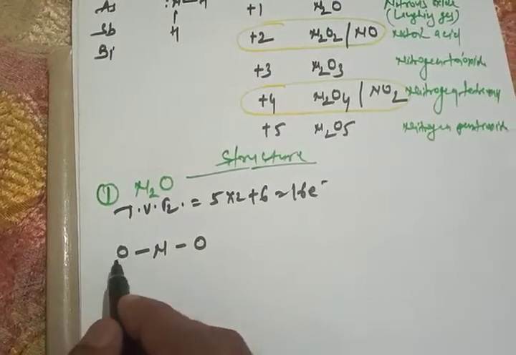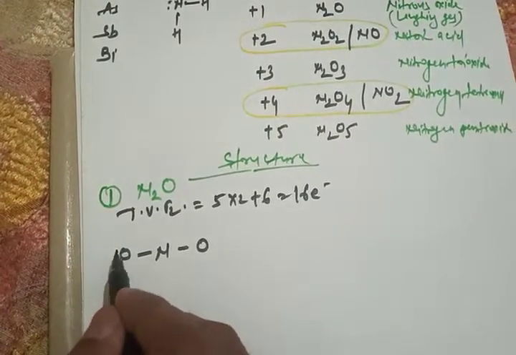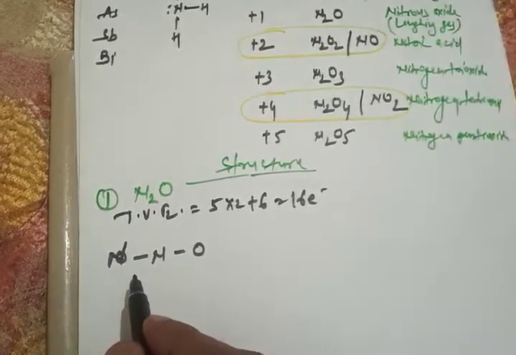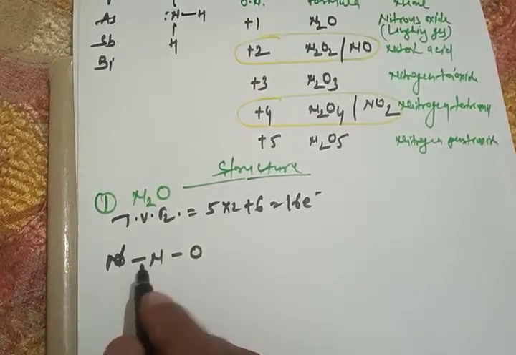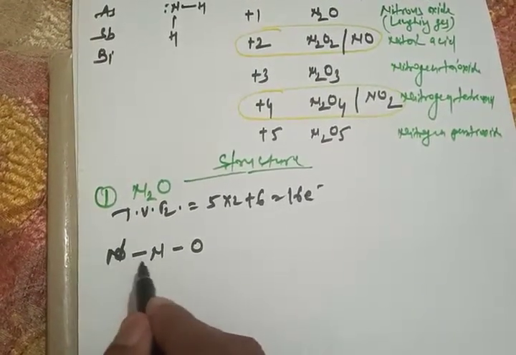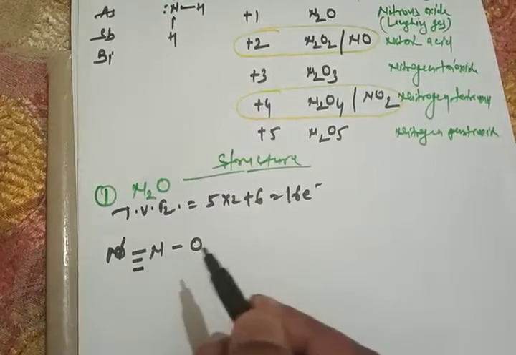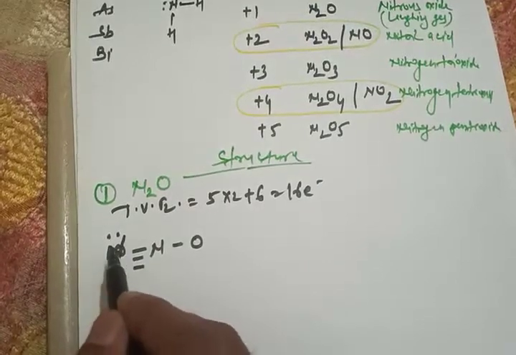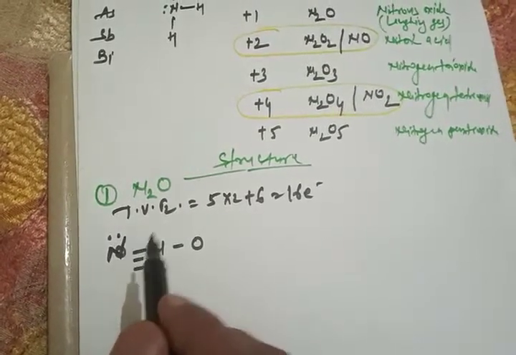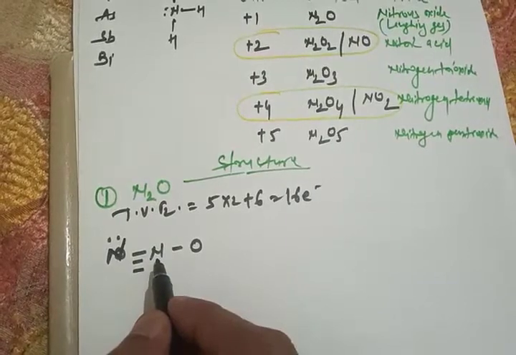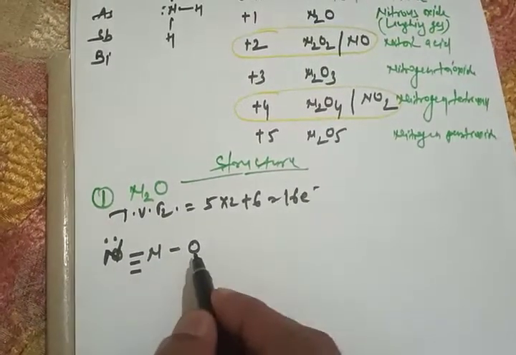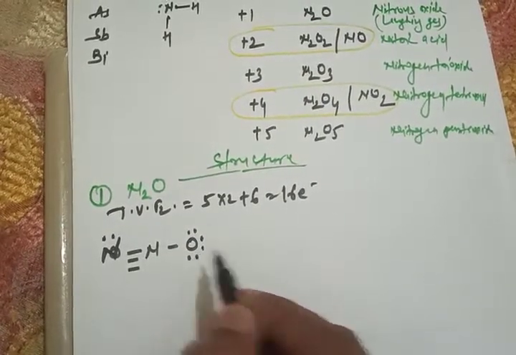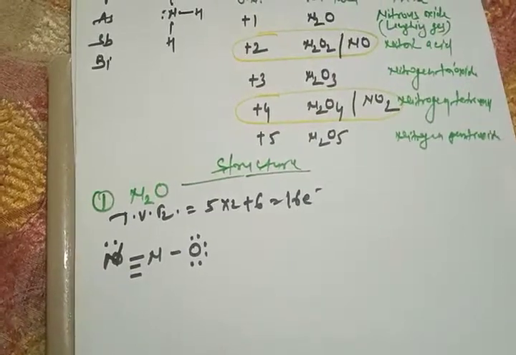Sorry, here we require 2 nitrogen. This is the nitrogen. First we complete the octet. To complete the octet of nitrogen we can put 3 bonds, and with this lone pair this nitrogen octet is complete. Similarly, this nitrogen octet is also complete, because of 3 and 4, and this oxygen requires 3 lone pairs in order to complete the octet. So this is how the octet will complete.